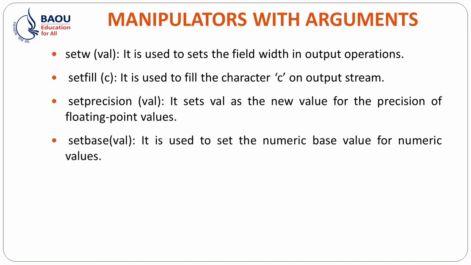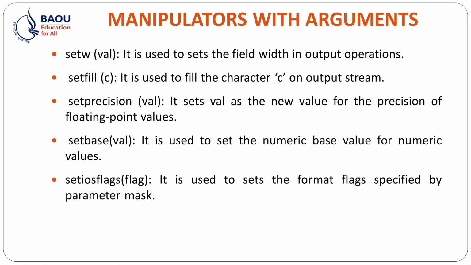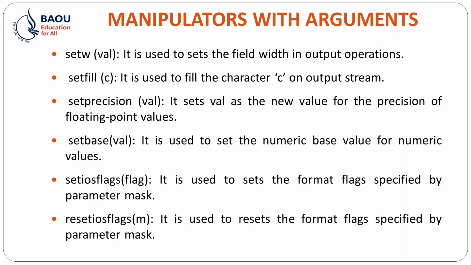It is used to set the numeric base value for numeric values. setiosflags, that is flag. It is used to set the format flag specified by parameter mask. And resetiosflags, m. It is used to reset the format flags specified by the parameter mask.